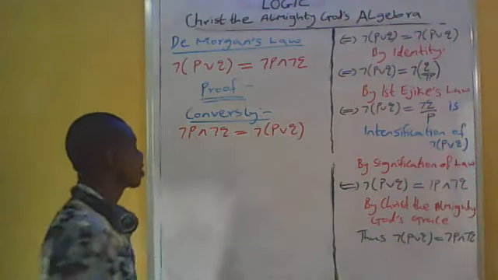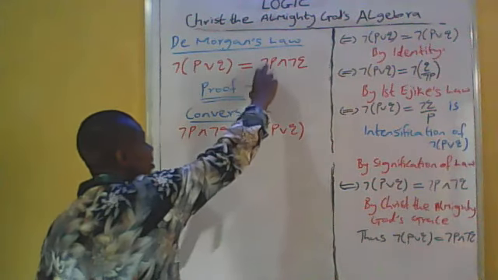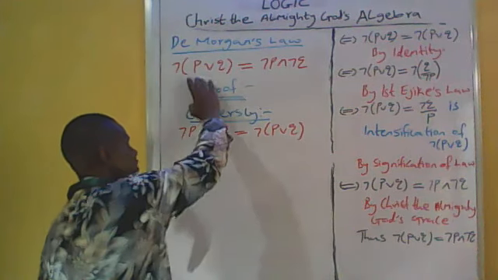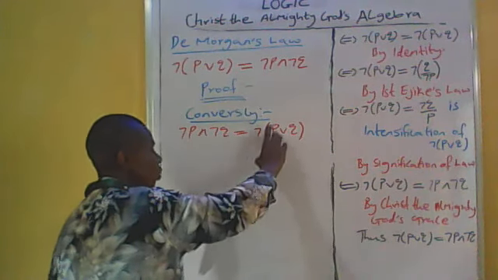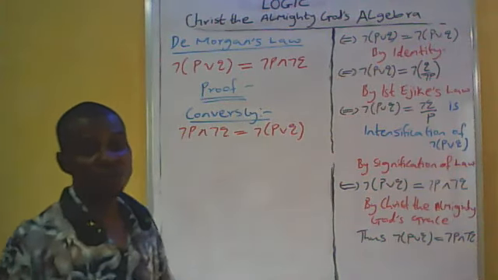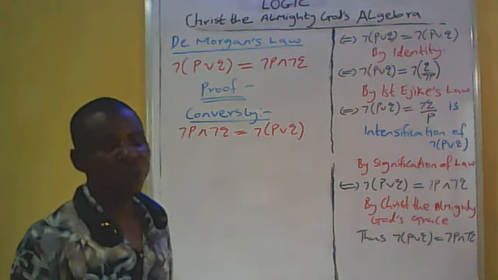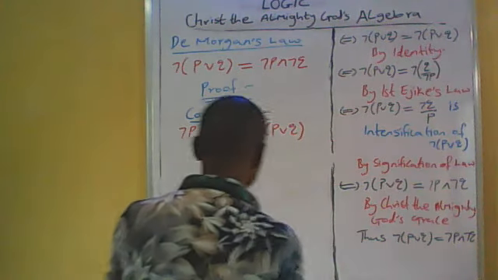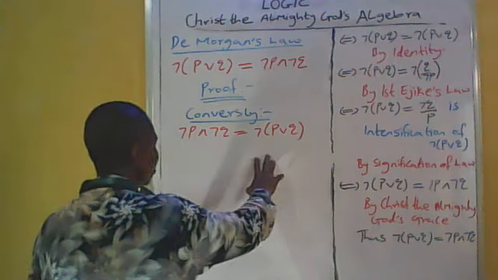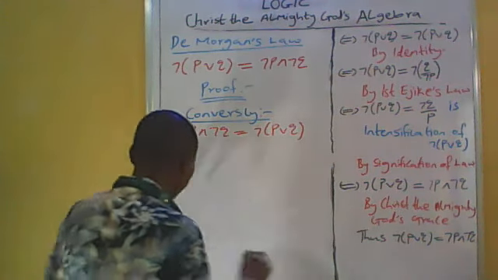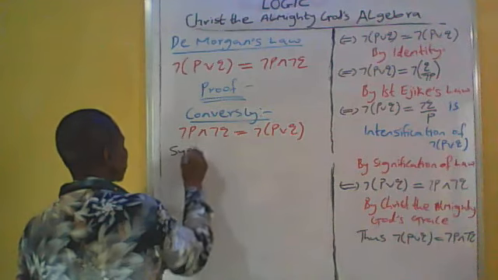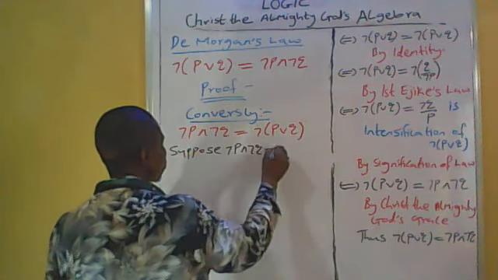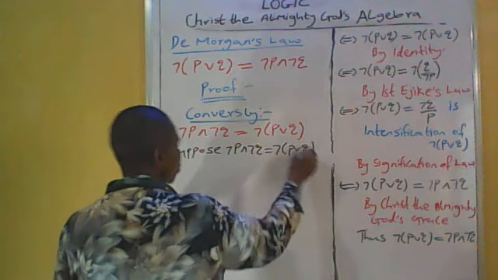You have seen that the right hand of the equation here has become the left hand of the equation here, and the left hand has become the right hand. You say that it is the converse. So you want to prove that the converse also exists. Since it is logical equivalence, suppose not P and not Q is equal to not (P or Q).